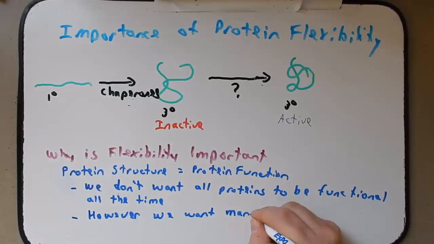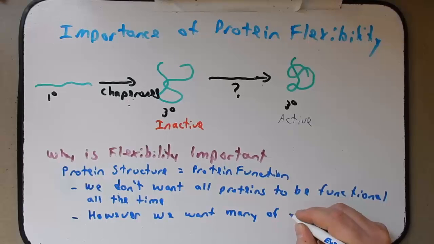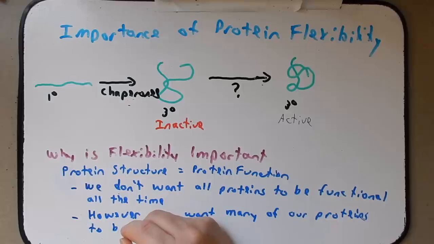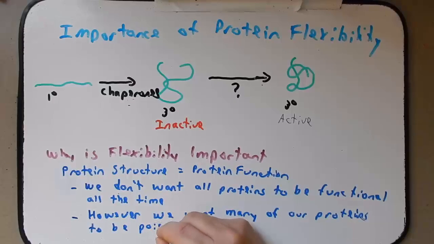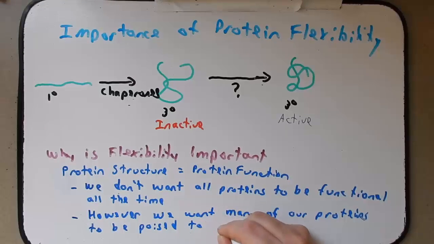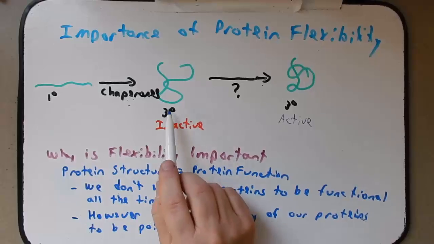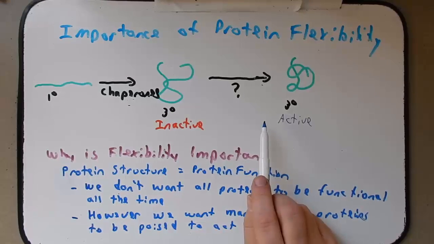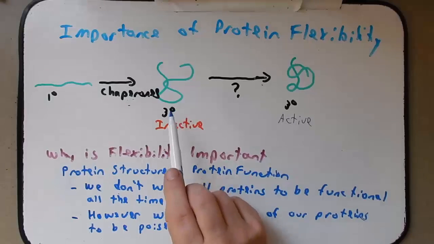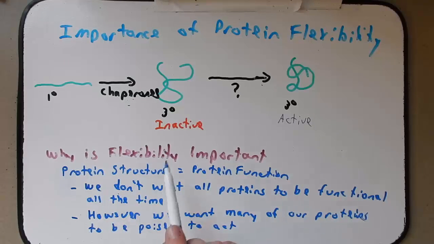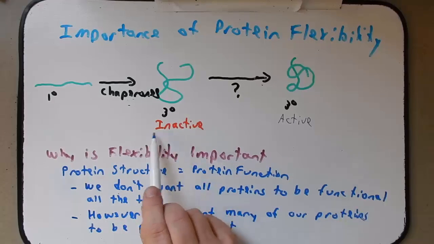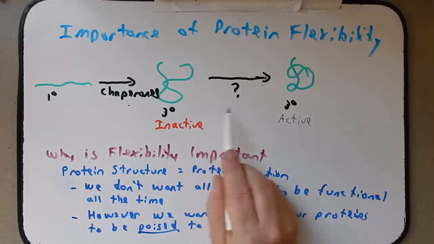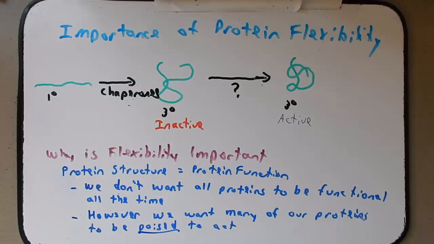However, we want many of our proteins, not necessarily all, but many of our proteins to be poised to act. While we don't want insulin to always be active, when we get done eating a meal, we want it to be ready to act. So it's much quicker and much more efficient to go from this inactive, poised state to being an active protein.